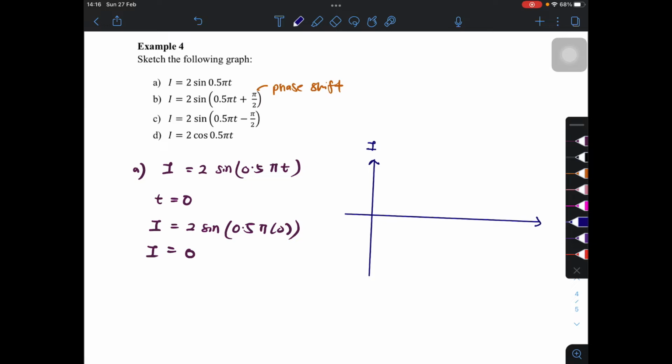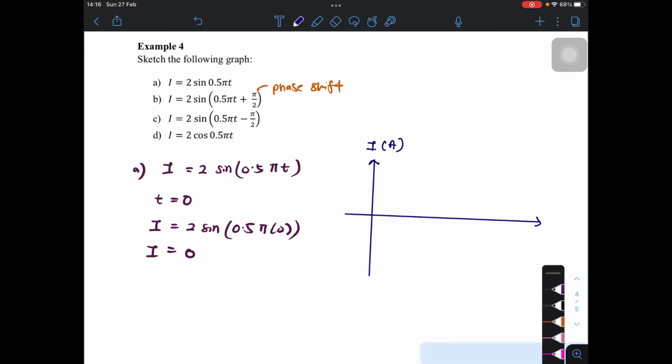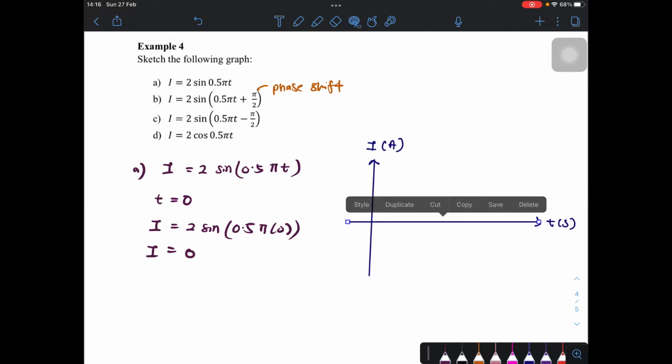Okay, so from here, it doesn't state what is the unit, so kita boleh just assume ampere sahajalah. This 1 second. So our graph will start from 0. Wait, before that, let's label the peak and minimum value.